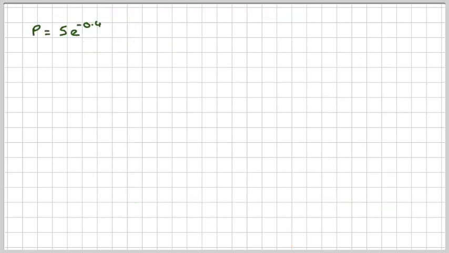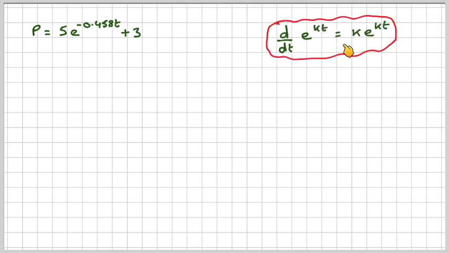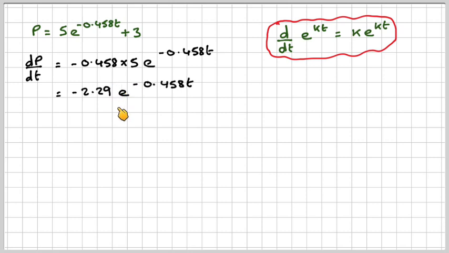For the rate of change, we need to know that d/dt of e^(kt) means bring down the constant in front and then write down the same thing again. So when we differentiate this, we're going to bring down -0.458 times 5 and write down the same thing again. When you differentiate 3, you get nothing. -0.458 times 5 gives you -2.29.